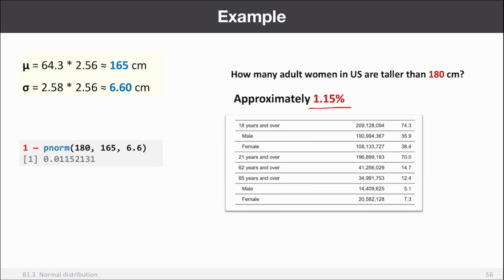Okay. Now I can also Google and see, for example, that in the United States, if you take all adults 18 years or over, it's approximately 108 million. And I can take 1.15% of this value, and that gives me exactly the answer. So I can expect that approximately 1.2 million adult females in the United States are taller than 180 centimeters.